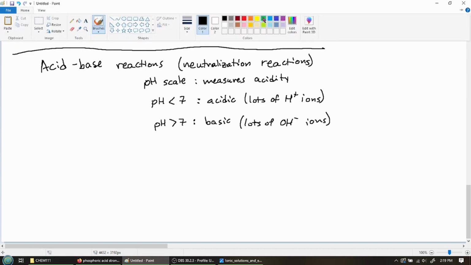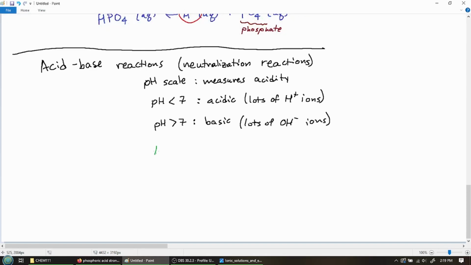But something that has a pH equal to 7, or very nearly 7 at least, is going to be what we call neutral. So in this case, what we would say is that the amount of H+ is roughly going to be equal to the amount of OH-.